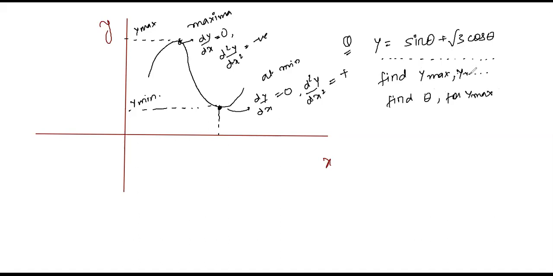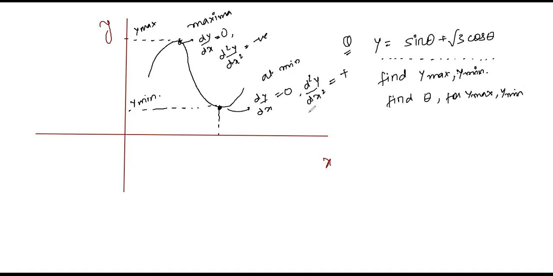It's up to you to tell me whether what you are getting is the maximum or the minimum value of y. You have to find y maximum and y minimum, and the theta for which y attains that value.